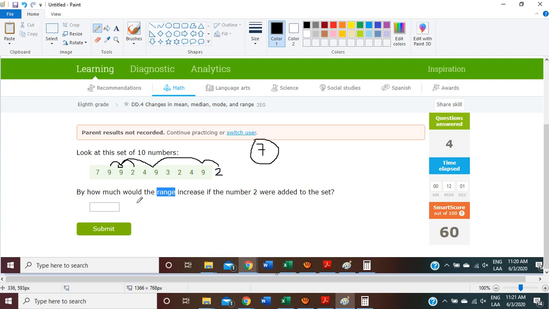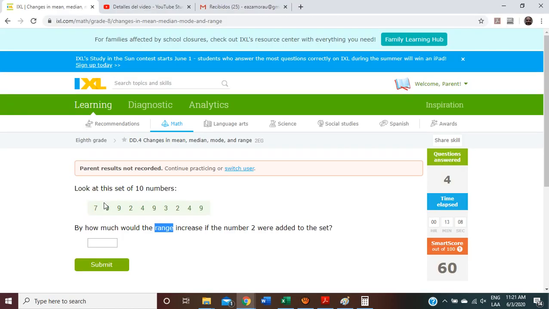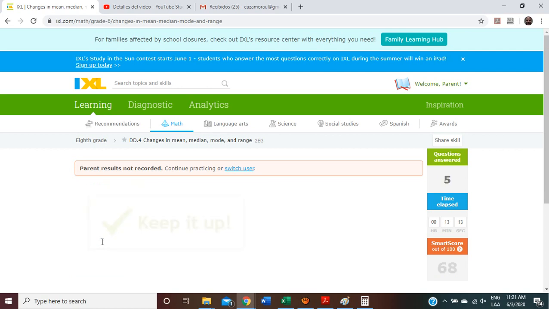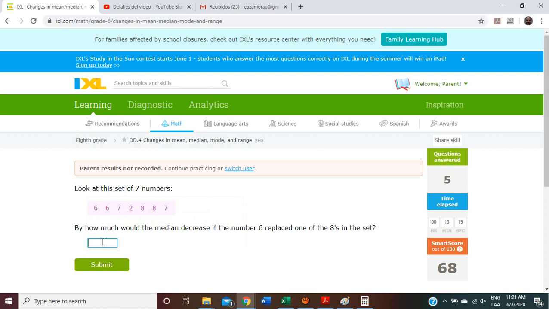So the question is, by how much will the range increase if the number 2 were added to the set? The answer is going to be 0 because it is not going to increase. Okay, so we answer 0 and submit our answer.